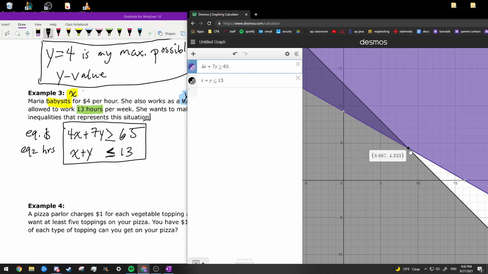That means optimally she could work 8 and 2/3 of an hour, so 8 hours 40 minutes at her babysitting job, and 4 hours 20 minutes at her tutoring job for the most optimal position. That's right.